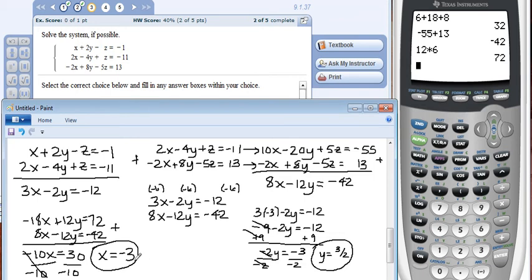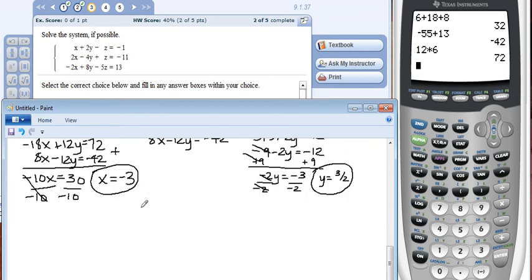Okay, so now I need z. I'm going to go back into any of the original 3, put in my x, put in my y, and calculate out my z, right? This is the easiest one because number 1, it's positive, and number 2, there's no coefficient in front, so that's the one I'm going to choose. I'm just going to write the whole thing out here. I know x is negative 3.